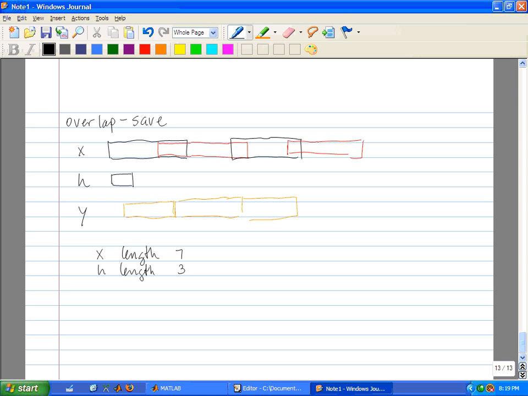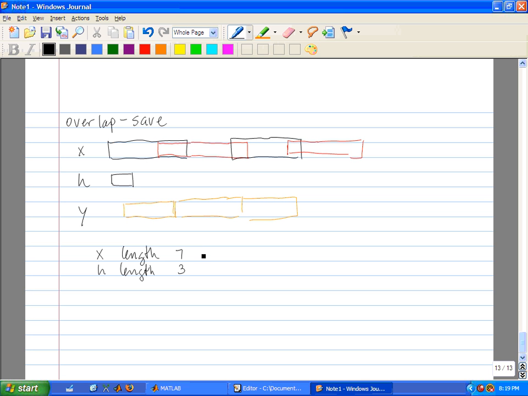Is that how you do it? So it's going to be 7 plus 3 minus 1. I think that is the correct way to do this. No, I'm sorry. You want to do these of length 7, I think. You want to do a convolution of length 7, I believe.